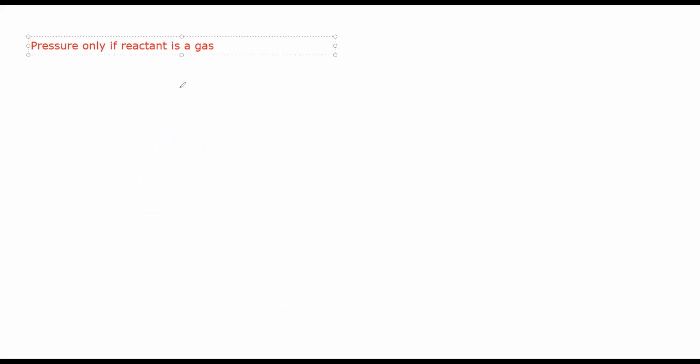So for example, you have gas A reacting with gas B, and this results in the formation of gas C. So A and B, two gases, are reacting, and this results in the formation of another substance, for example gas C.